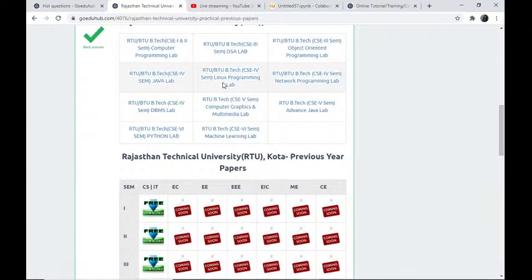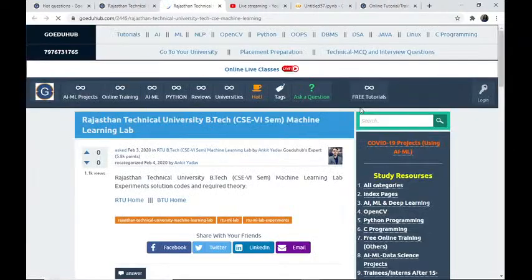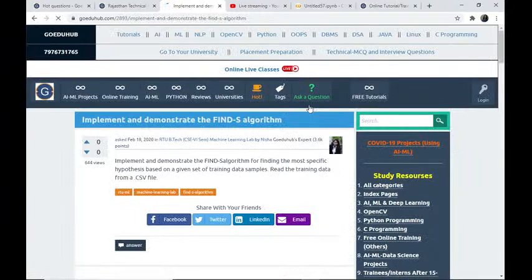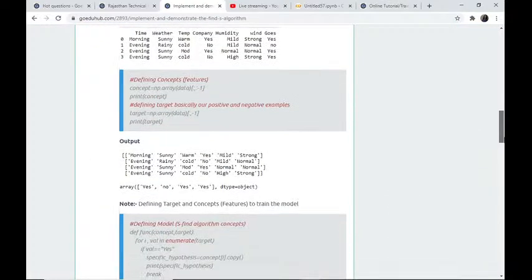You can go to any lab and you can see the solution for every lab is available here. So for machine learning, you can read all the labs for all the universities, and it will clear your concepts.